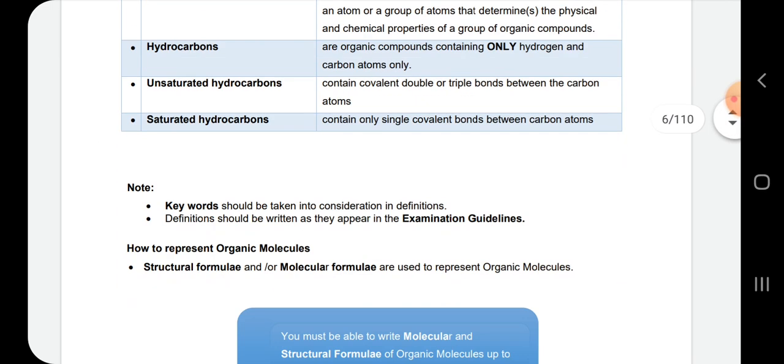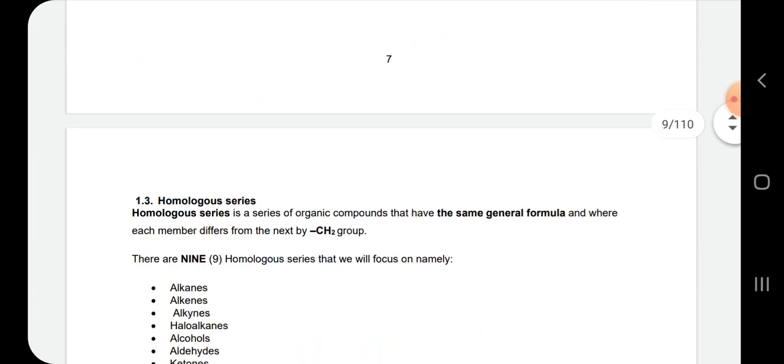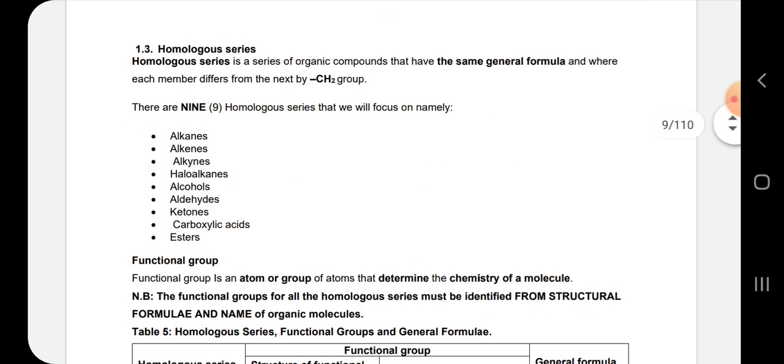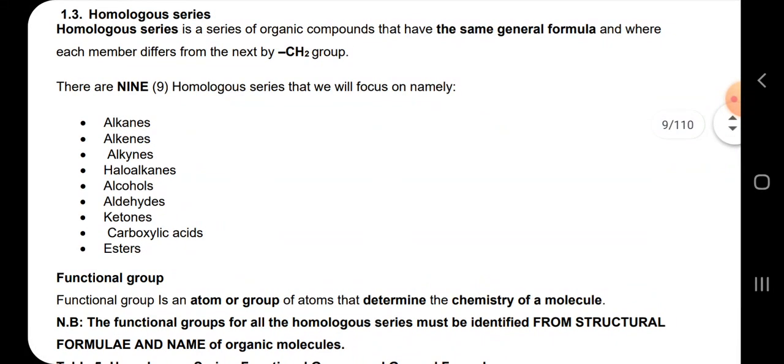Yes, so let's first learn about the 9 homologous series. Sorry. So these are the 9 homologous series that we'll focus on. So the first one is alkanes.